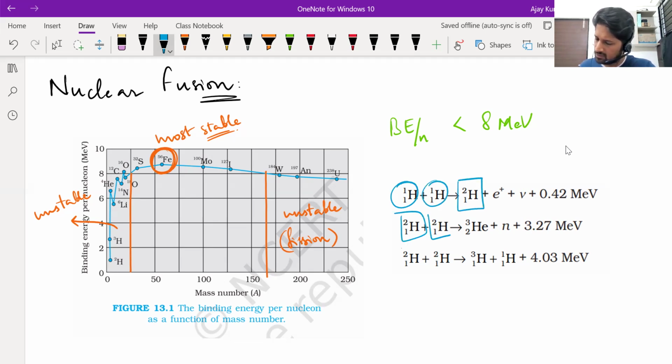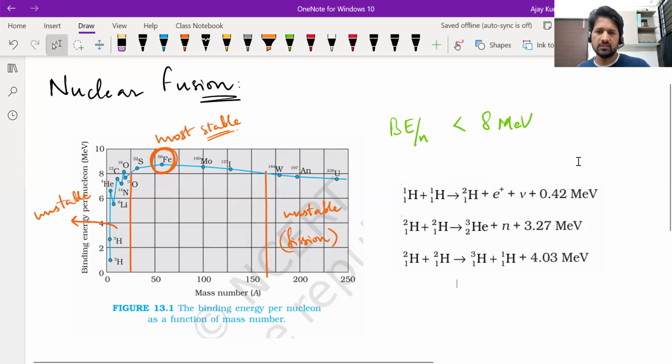Then 1H2 combine to form helium. And 1H2 can also combine to form 1H3. These are the different possibilities basically. These are examples of nuclear fusion reactions. You don't have to remember any of these, but just understand what happens in fusion reactions.